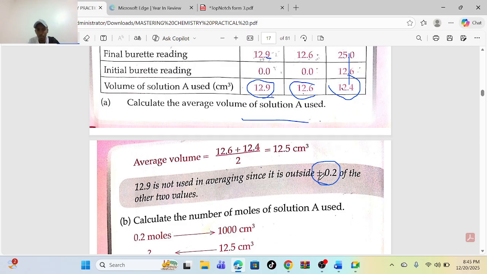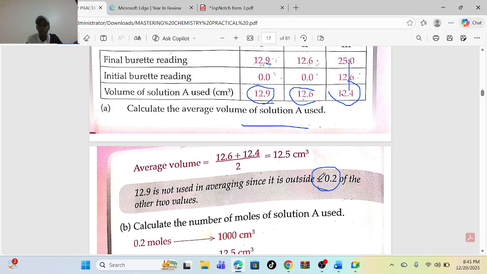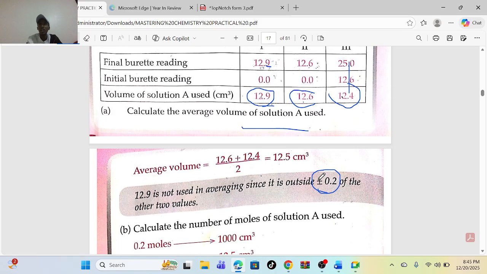Mwalimu, a question. Tumesema the average volume of solution used. Mbona wanatumia 2 volume na 3 volume? Mbona wanatumia 12.6 na 12.4, wanaacha hiyo ya number 1 volume?